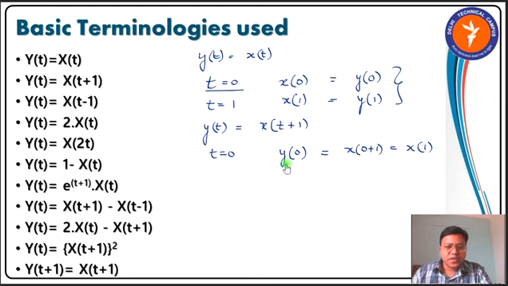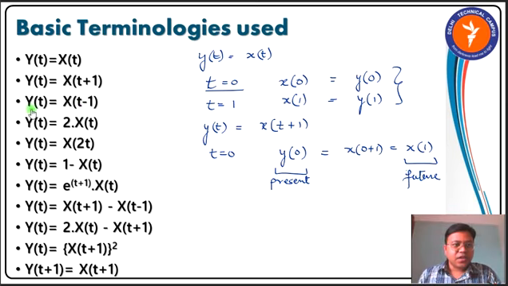Now this equation says that output at the instant t equal to 0 is equal to input at the instant t equal to 1. It means the present output of the system will depend upon future input. So this equation is stating about a system whose present output will depend upon the future input.